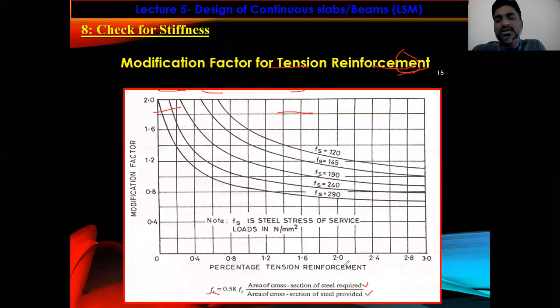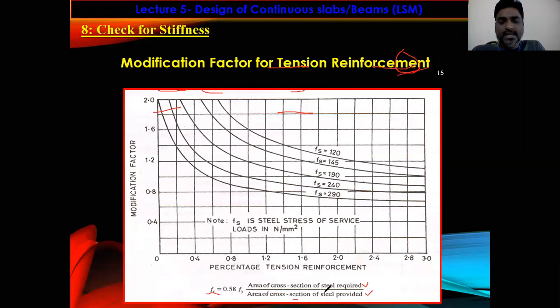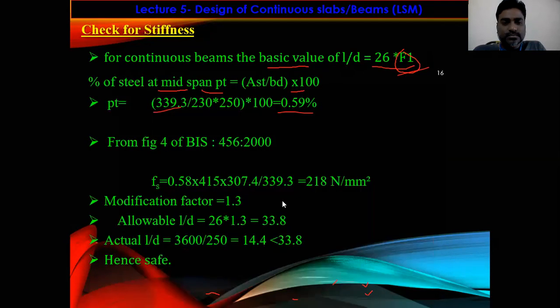If we got 3.4 or 3.5 bars as required, we round up to 4 bars, since we cannot provide 3.65 bars. Required is whatever reinforcement corresponds to bending. So the fs value I got is 218 Newton per mm square, and the percentage of steel is 0.59. Then calculate the modification factor.